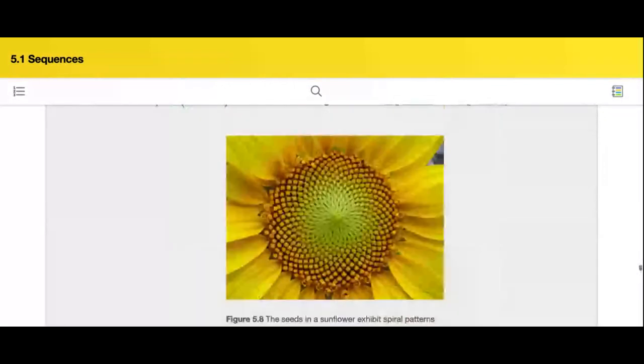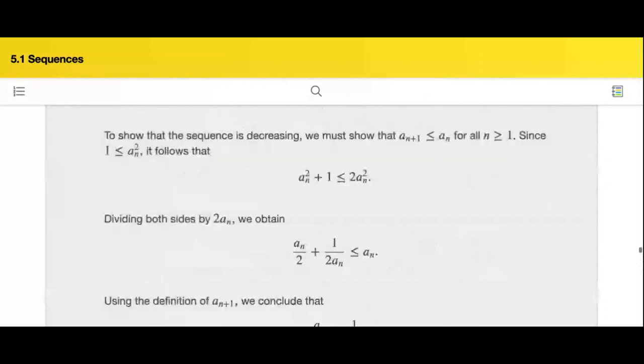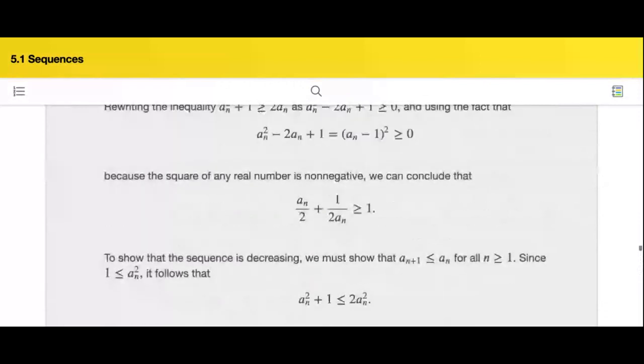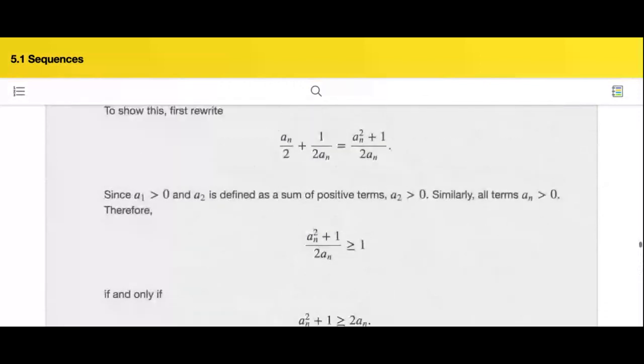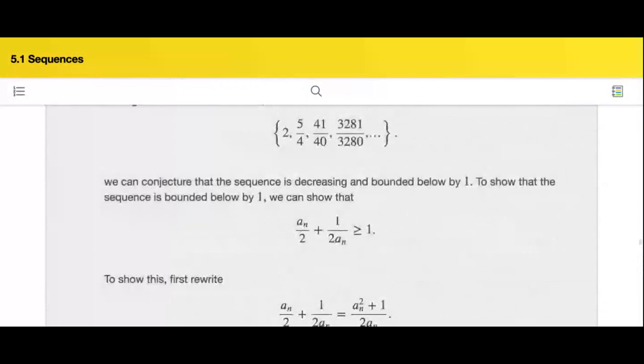Okay, so that's it for today. So the sequence, all right? We see why we need to use a sequence, because some problems we cannot model with functions. Functions are limited in modeling the real world, so what do we do? We can model with a sequence.